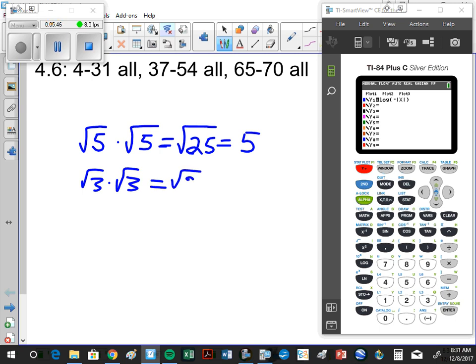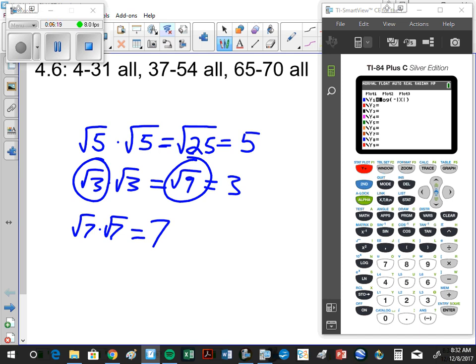Square root of 9, which is 3. Which makes sense because this is saying, what number times itself is 3? What number times itself is 9? That's what I meant to say. If I had the square root of 7 times the square root of 7, the answer is just 7.